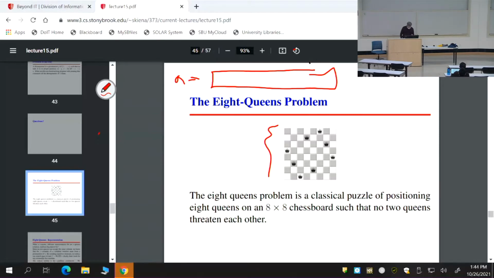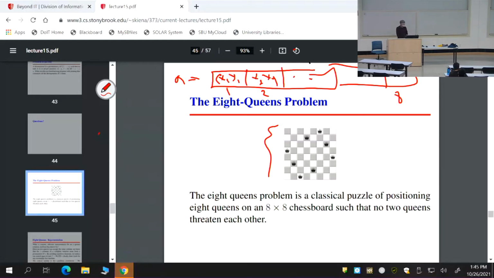You could have 8 row and column pairs, where they've got x1, y1, x2, y2, and so on.